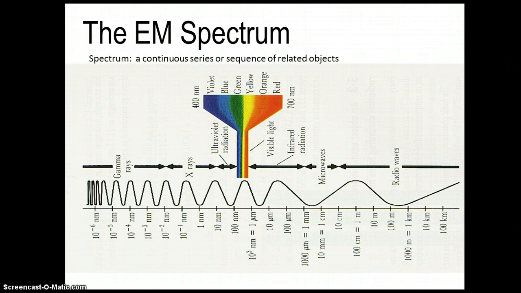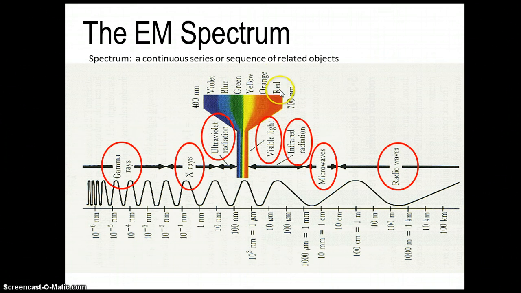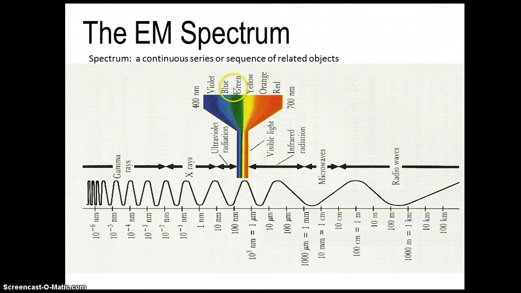Okay, next. EM spectrum. As you can see, it contains gamma ray, X-ray, ultraviolet radiation. This whole spectrum here refers to visible light. There are many different types of light: violet light, blue light, and so on. In particular, O-level likes to test on red light and blue light.